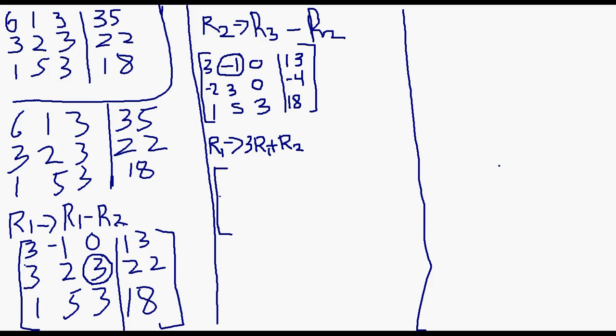So let's quickly write the rest of the rows down. So 3 times row 1, 3 times 3 is 9, plus -2 will give us 7.